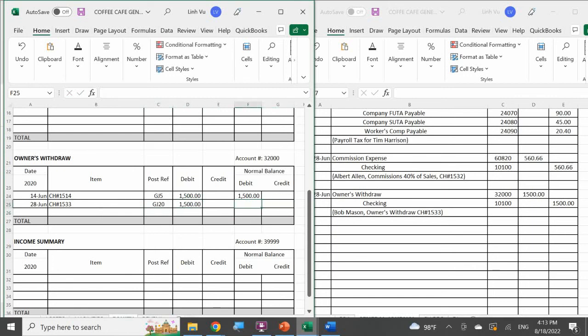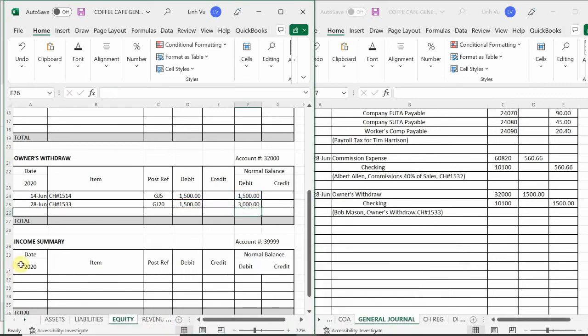So in this case, how much in grand total has Bob taken away from his company? It's now $3,000 he has taken out.